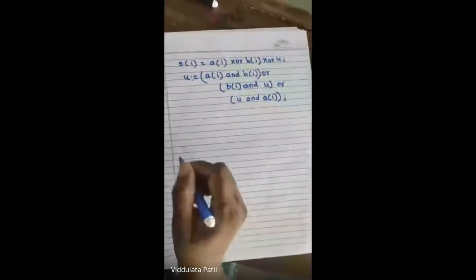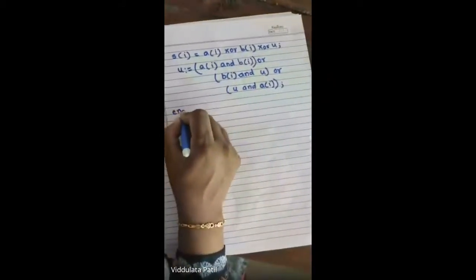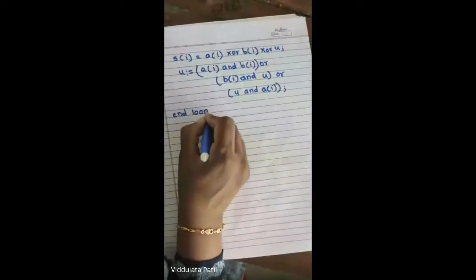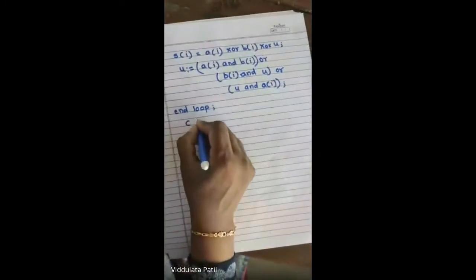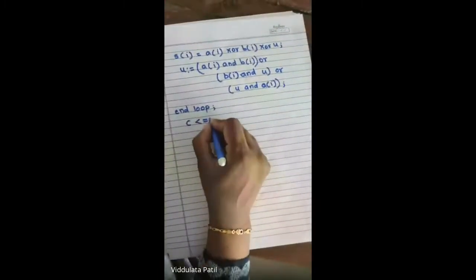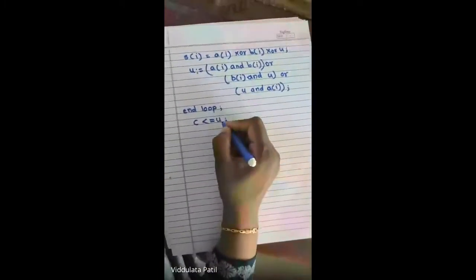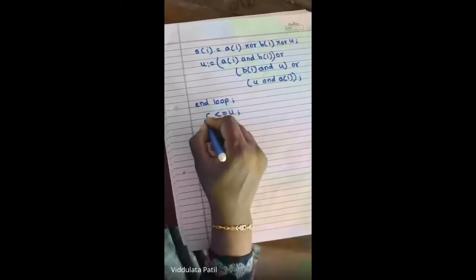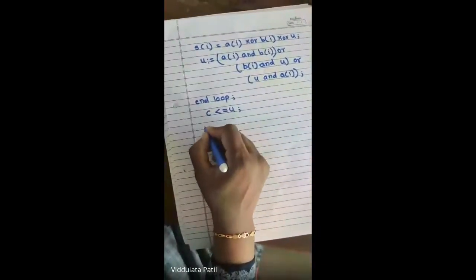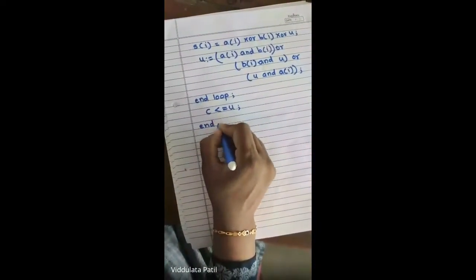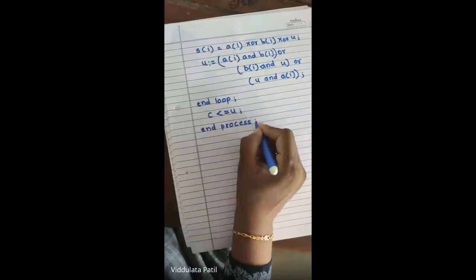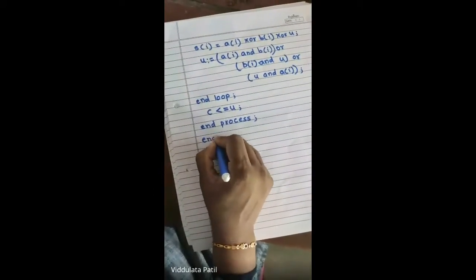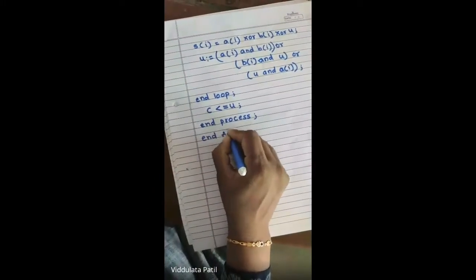So here we are going to end the loop. Then after that, C will be assigned the value U, and then end of the process, and then end of adder 4-bit.